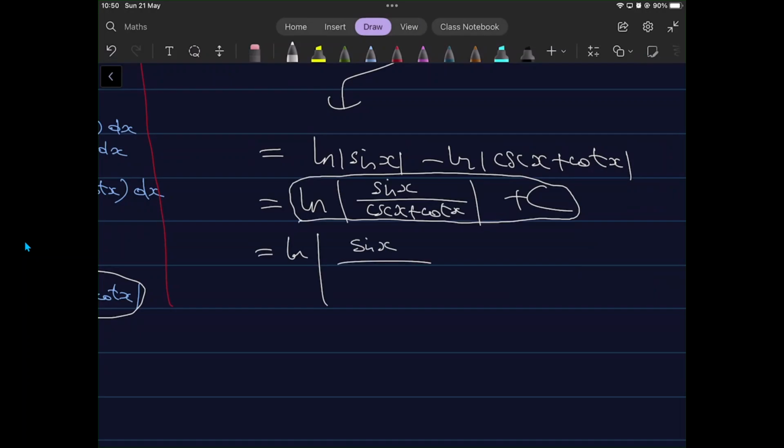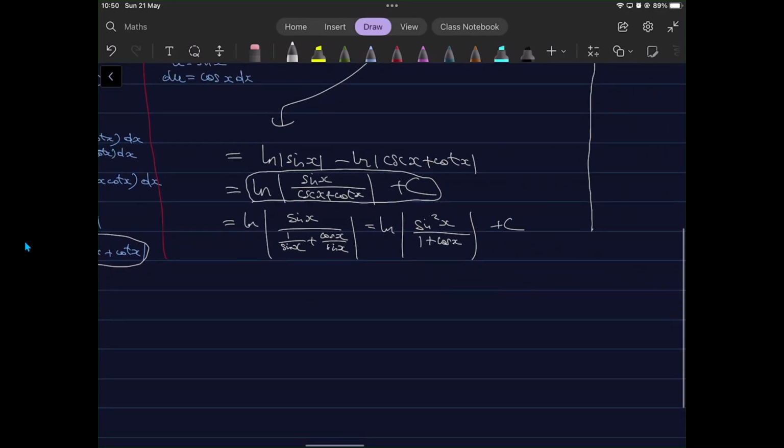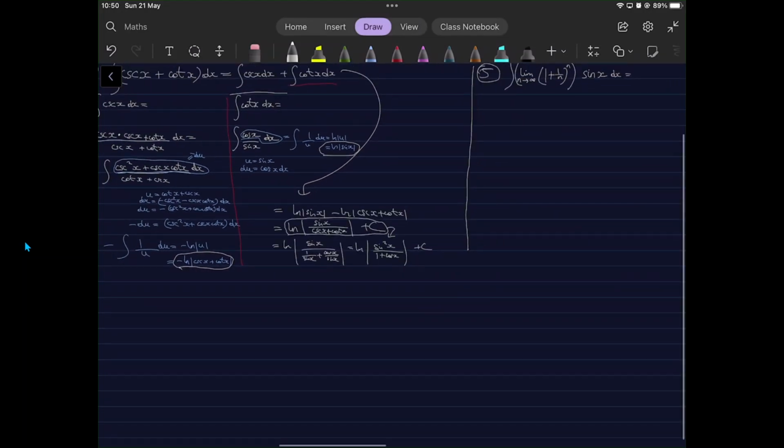On the bottom, we have 1 over sine plus cosine over sine. And if you multiply everything by sine, you get sine squared on the top and 1 plus cosine on the bottom. But, well, we haven't really changed anything. They're the same thing. I'm just doing this because perhaps in a textbook they might give you this answer. Who knows? So there we go.